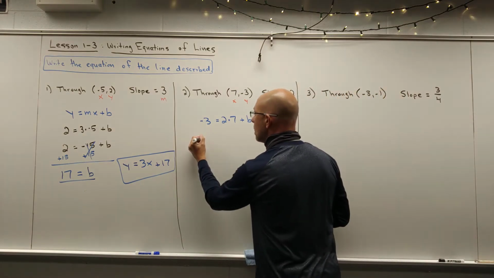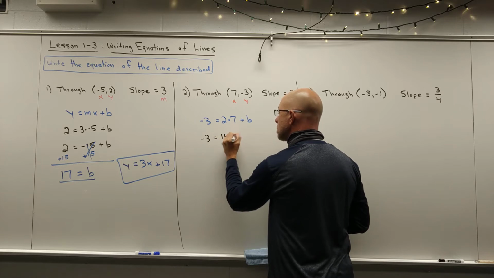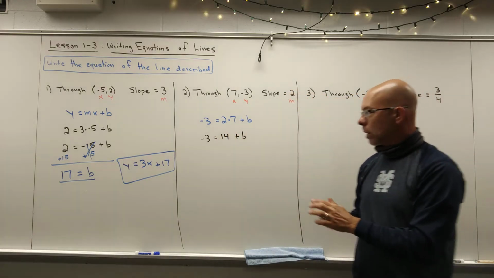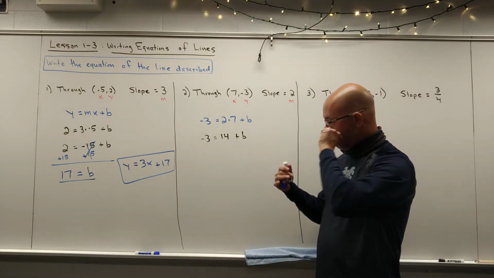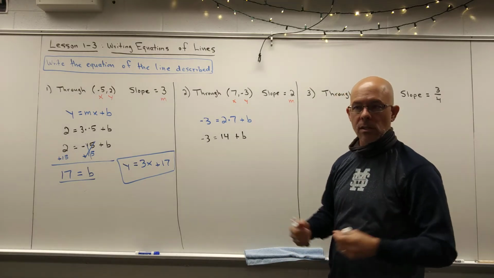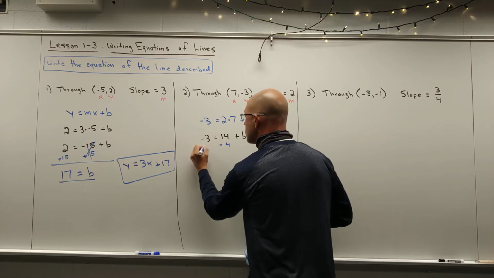So this is negative 3 equals 2 times 7, which is 14, plus b. Solving for b, when you're at this location, solving for b is always add or subtract to both sides. It's never divide.